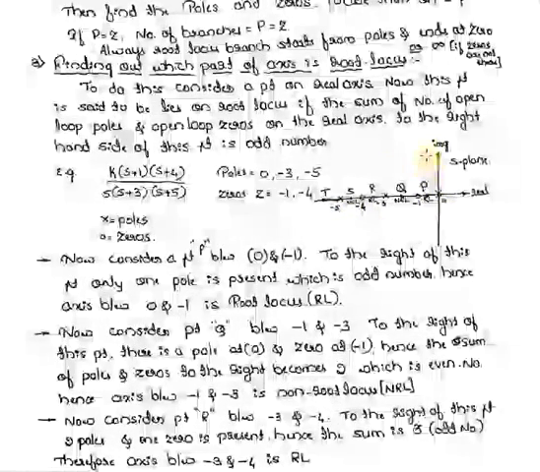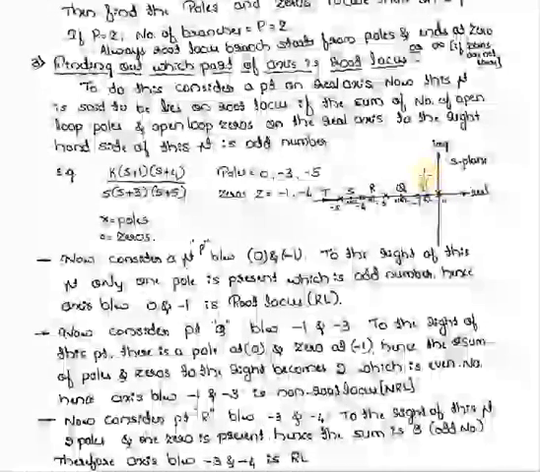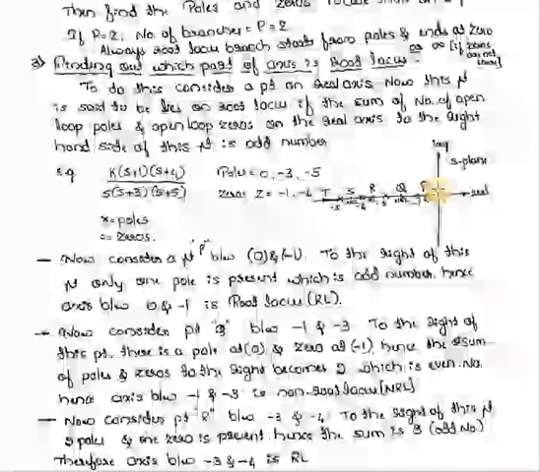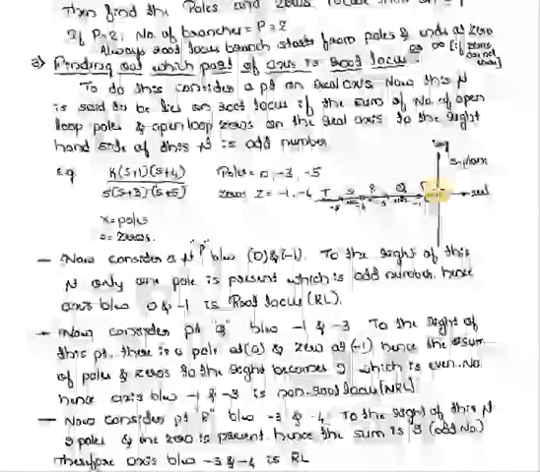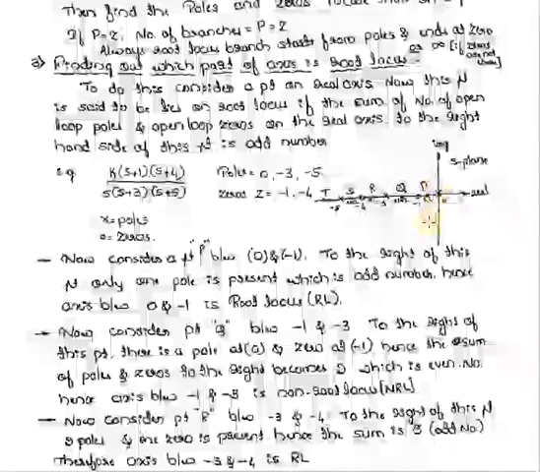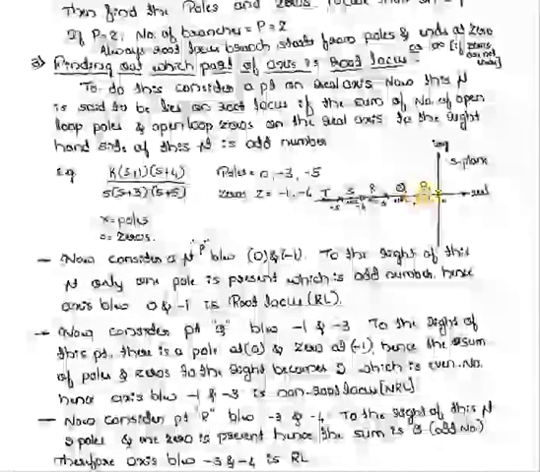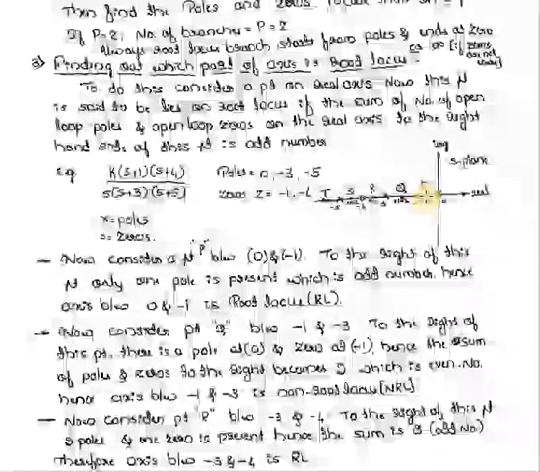Now if I consider this part, between this point and this point, one section, towards the right side you have to take the summation of p and z. If that summation is an odd number, then you can consider this portion as the root locus part. So here, if I consider this one, there is only one pole. Okay, 1 is an odd number. That means from 0 to -1 it is a root locus part.